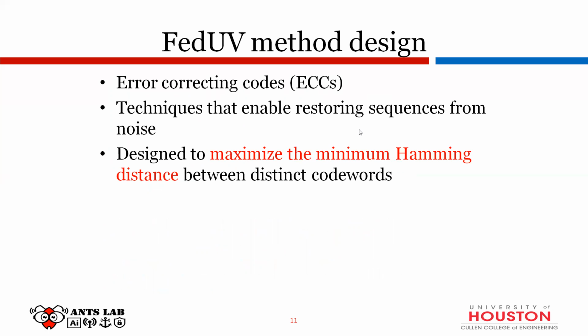It is designed to maximize the minimum Hamming distance between distinct code words. This might be a little far off from what we were talking about previously, but the concept here is to maximize the minimum Hamming distance, which we will find has some relation to our work.